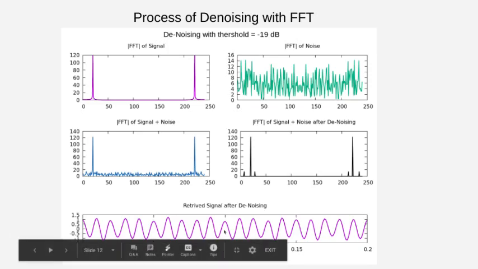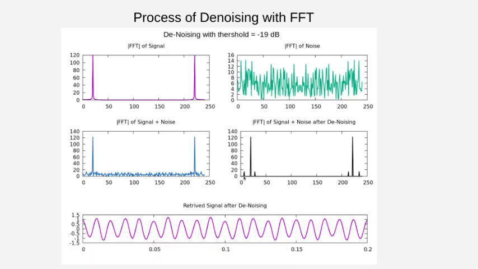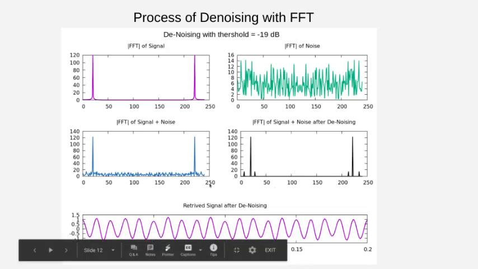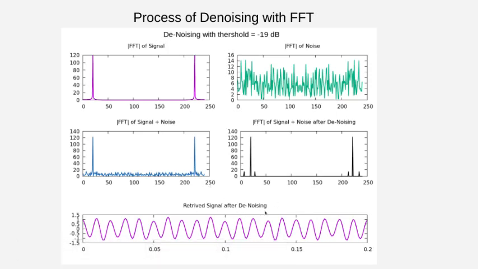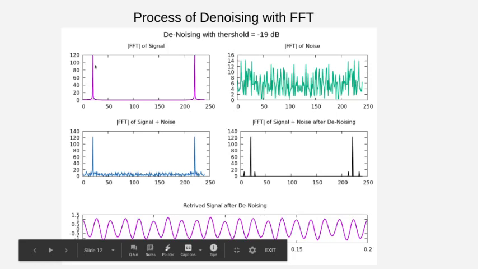What will I get? It's much cleaner. It's still not looking like a sine wave, but it's almost like a sine wave. At least the frequencies are very nicely captured. However, some extra additional components are still there, because of these two peaks on the sides. So minus 19 dB improved the retrieval of the signal compared to when the threshold was minus 24 dB.